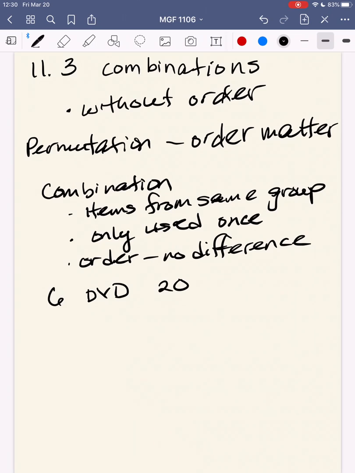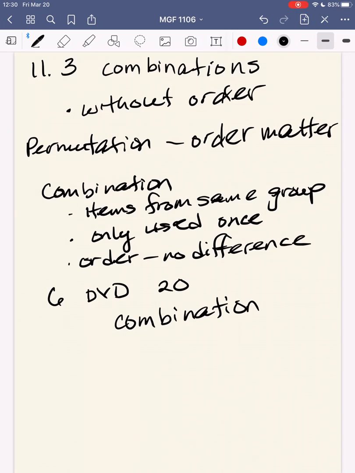Is that a permutation or a combination, do you think? This one is a combination. It doesn't matter how that list is ordered. All I need to do is pick 6 out of that list of 20. I could pick one from the bottom of the list first, and then go to the top of the list. Doesn't matter. And they're all from the same group of DVDs.